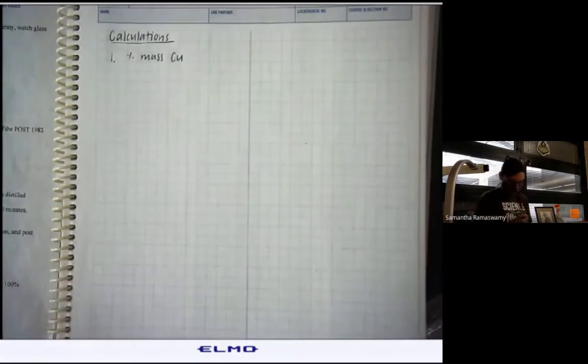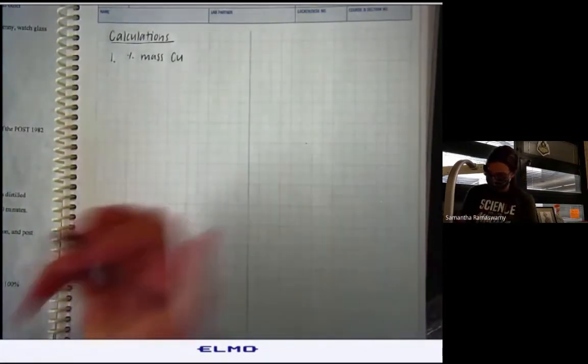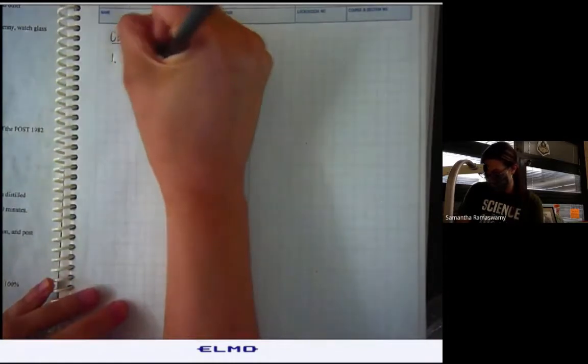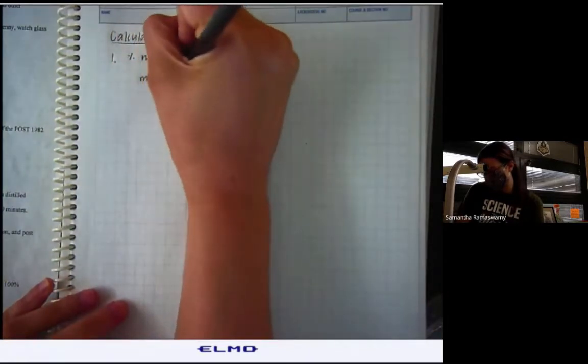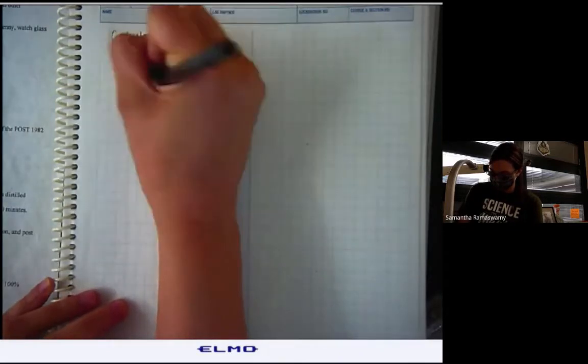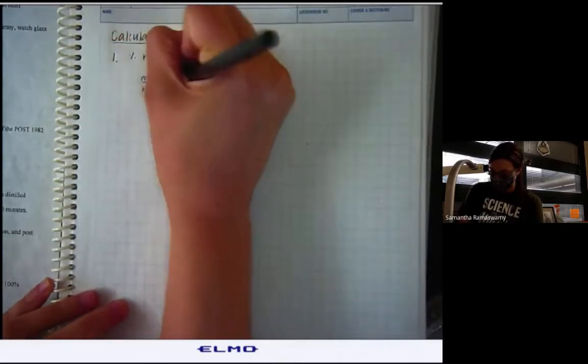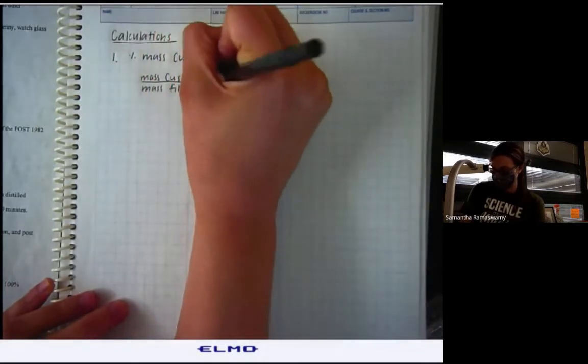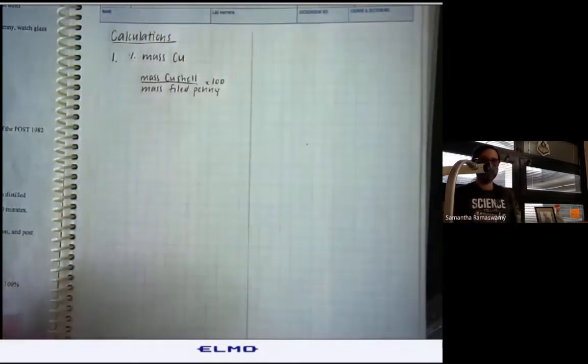If I want to find the percent by mass of copper in the post-1982 penny, I'm going to take the mass of the copper shell, and I'm going to divide by the mass of the filed penny. And then percent by mass means I multiply it by 100.